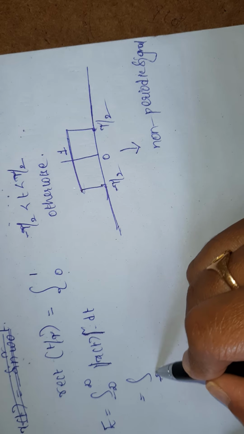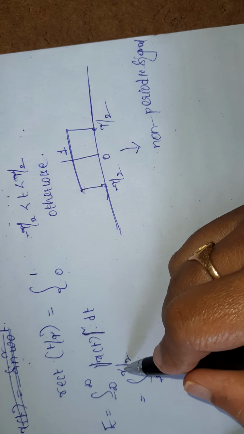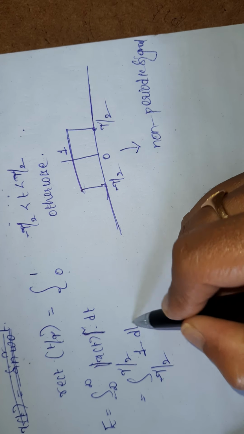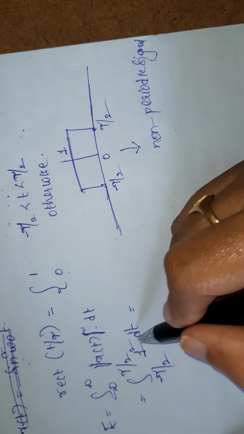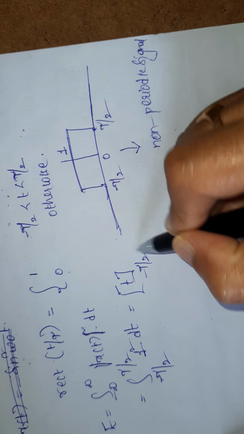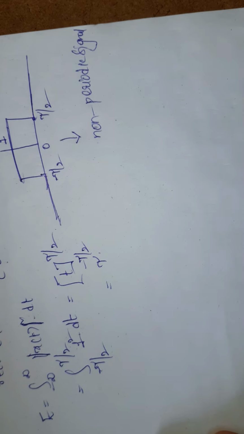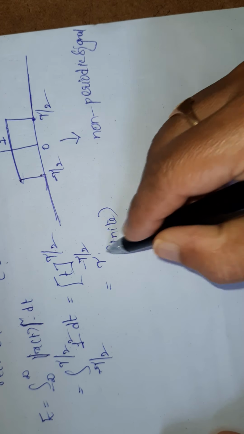So the limits are changed to minus tau by 2 to plus tau by 2, and the magnitude is 1, so 1 square into dt. So what is the integration of 1? t. And what are the limits? Minus tau by 2 to plus tau by 2. So I will get tau. Energy is finite.